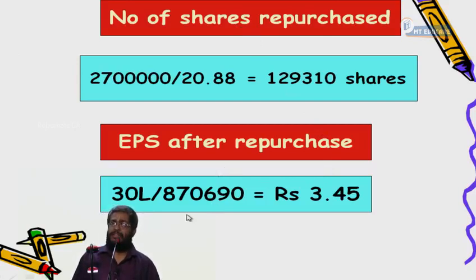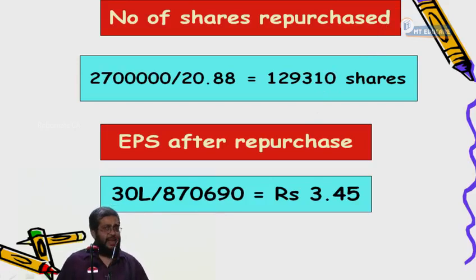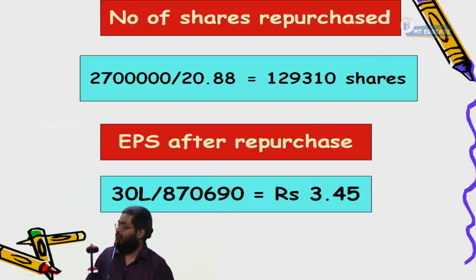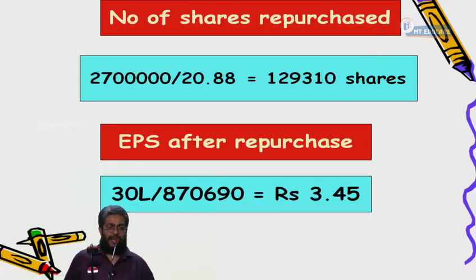How did I get 8,70,690? 10 lakhs minus the number of shares bought back. 30 lakhs divided by 8,70,690 is equal to rupees 3.45. Very simple. They managed to increase a 3 rupees EPS to 3.45. So it's another advantage of buyback, increasing the EPS.